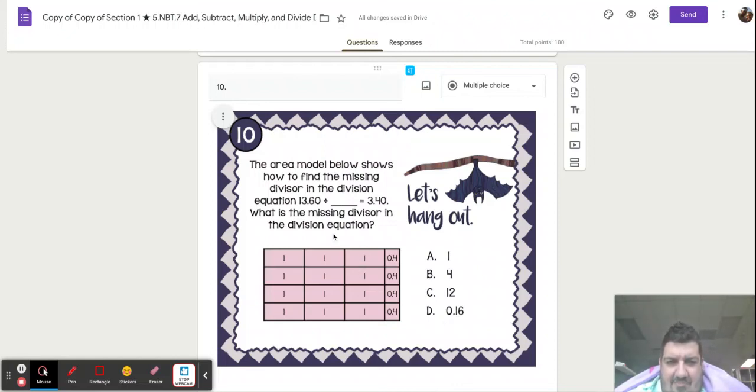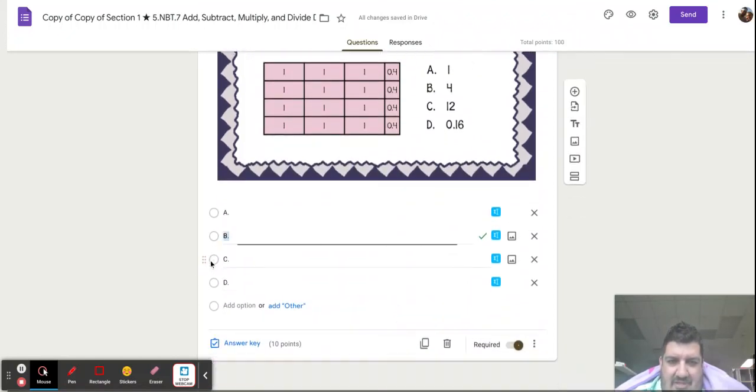Well, I know it can't be A because anything divided by 1 is just itself. And then I see 3 wholes and 4 tenths. Guess what? That's that number. So that's 1, 2, 3, 4. So that's why the correct answer is 4, which is B.